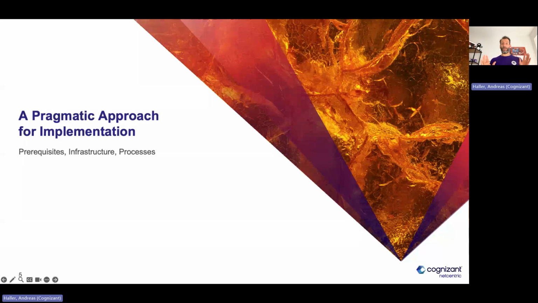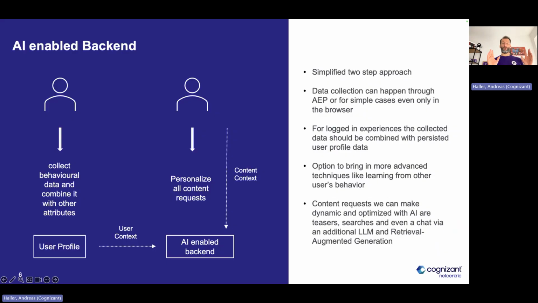With that, we can define a very pragmatic approach for an implementation. On a very high level, we have a two-step approach. On one hand, we want to collect data. This can obviously be sophisticated analytics, a data platform, but this can also be just in the browser.